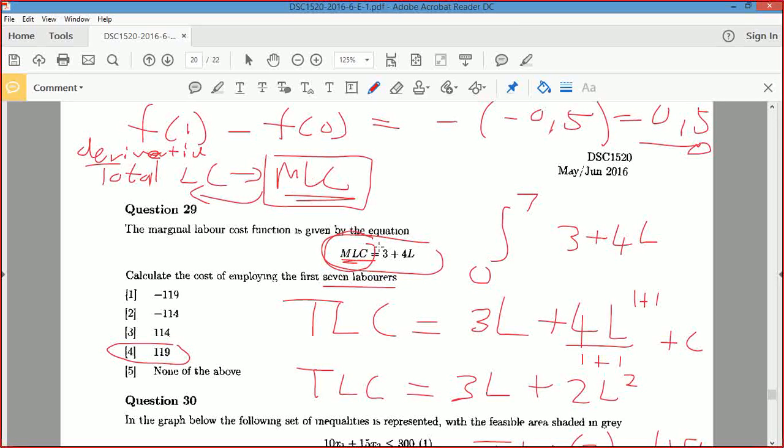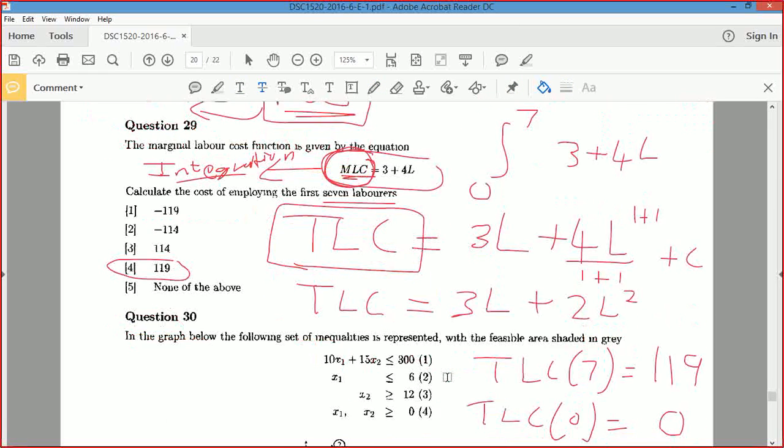I'm taking the marginal labor cost and getting the total function from the integration. Integration gets me back to the total, which is what I did here. So my total labor cost is what I've worked out.